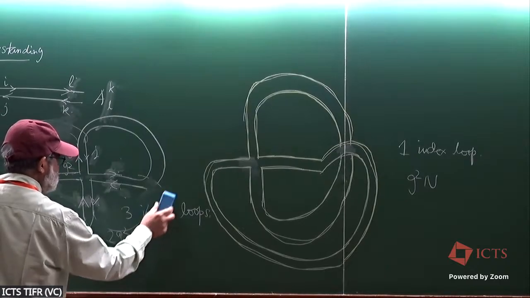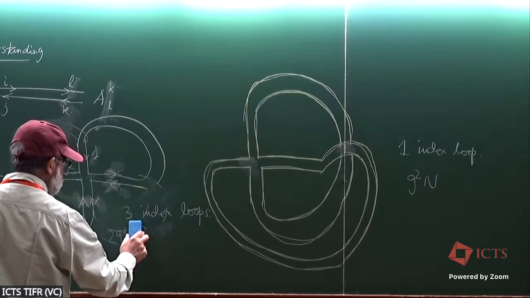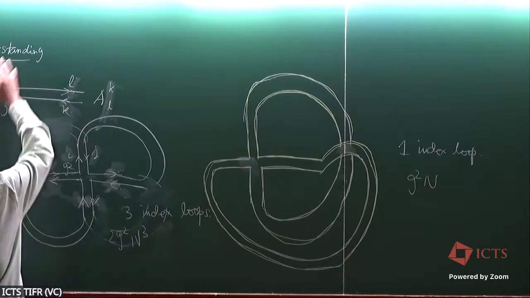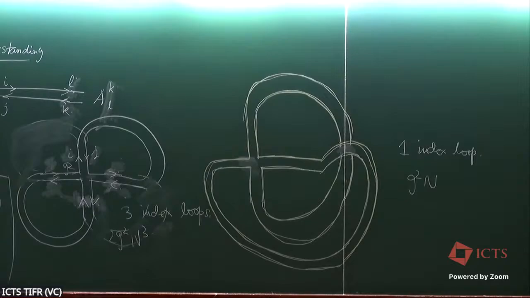Now let's imagine drawing this on a piece of paper, like the blackboard, and let's fill out all these index loops by some color.